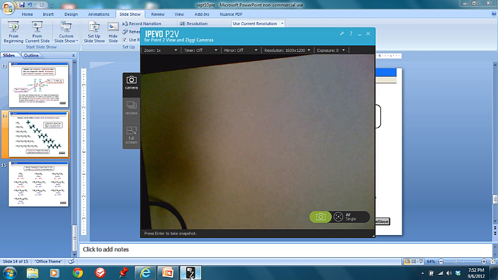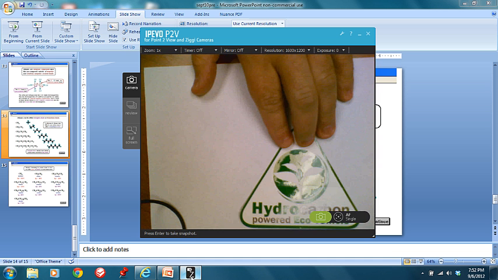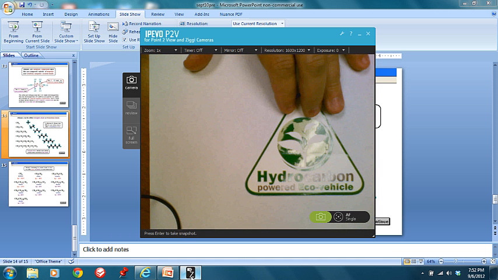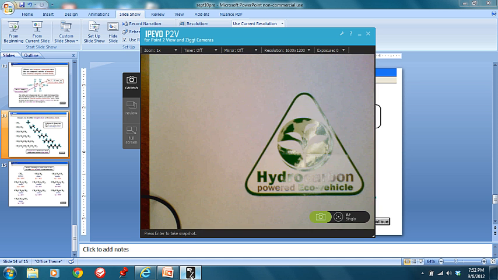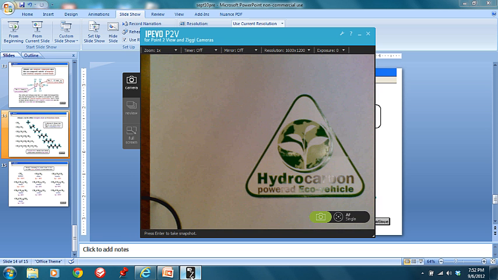One of the stickers that I have on my car is that my car is a hydrocarbon-powered eco-vehicle, which only one person has ever asked me what that means. It basically means that my car runs on hydrocarbons, which means it runs on gasoline.